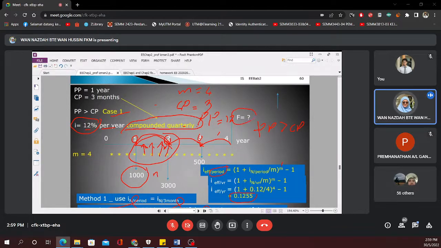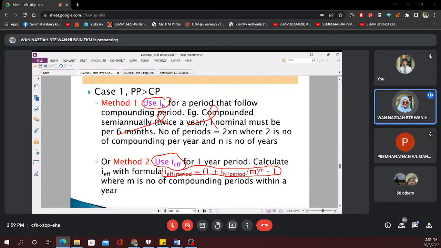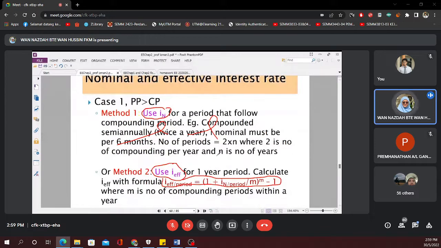All right, so for the payment period greater than compounding period, so how can you solve this problem to determine this F value? All right, you will have two situations. Okay, method number 1 and method number 2. For method number 1, you can use I nominal. And for method 2, you can use I effective. All right.